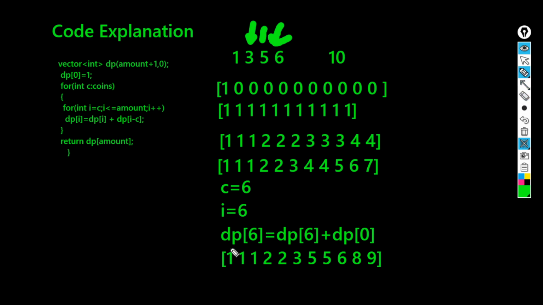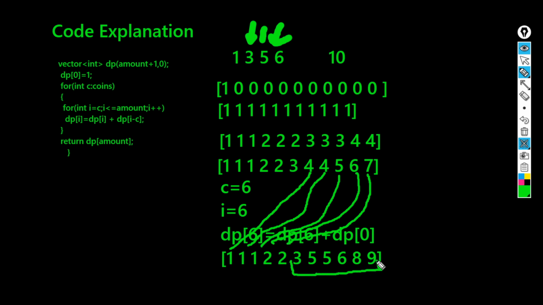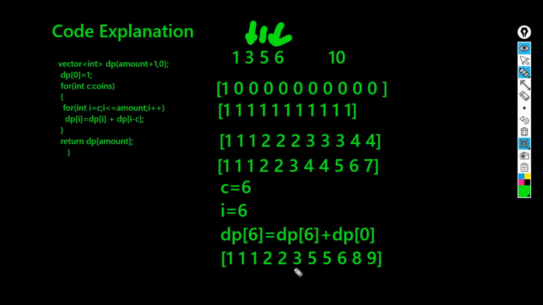Suppose we want to find the 6th index, so we add 6 with 0, then 7 with 1, 8 with 2, 9 with this, then 10 with this. So we get these remaining values using these starting values. So in the end what we got is 1 1 1 2 2 3 3 3 5 5 6 8 9.